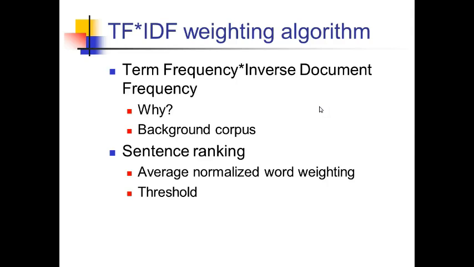We can see that the TF times IDF approach has the advantage that there is no need to pre-classify any training dataset, which means that TF times IDF is easy to implement and easy to use.